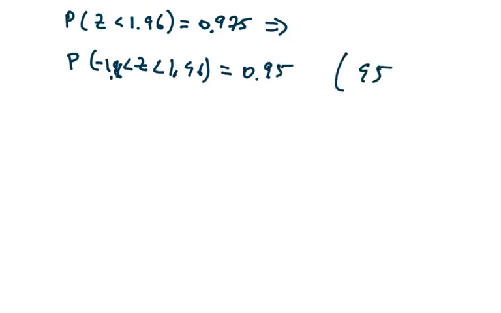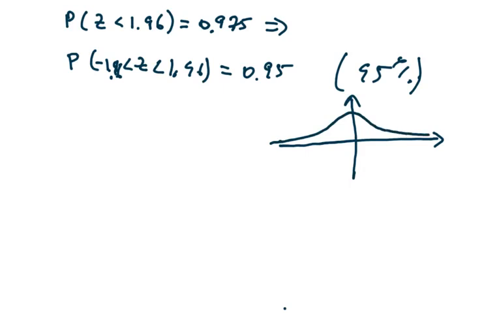So it is 95%. What does it mean? We have random variable Z, which has standard normal distribution. And if we make a measurement or an experiment or take one single observation, then with probability 0.95, it will be somewhere here.